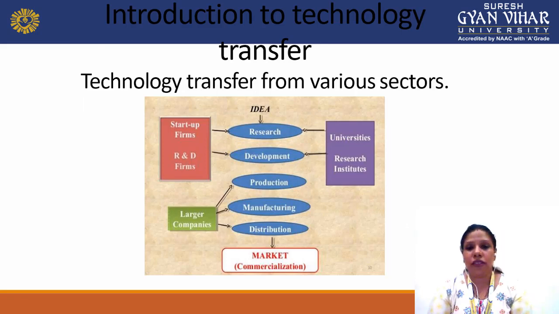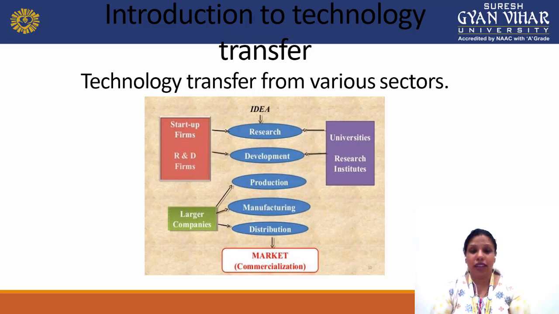Now, technology transfer from various sectors. First there is idea generation, then research, then development, then production, then manufacturing, then distribution, and then the product comes to commercialization or marketing.